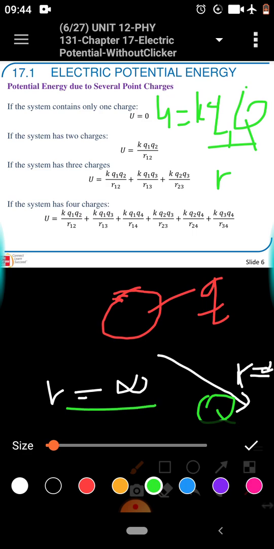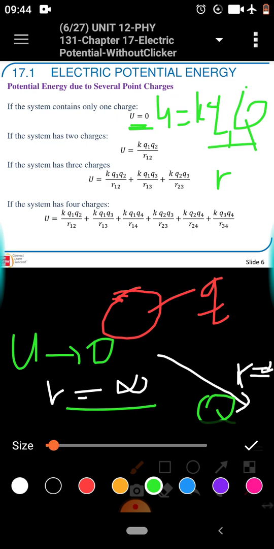Remember that r goes to infinity, which is very, very far away. So you're dividing by a very big number, so that's why U goes to 0. That's why we say that for a single charge the electric potential energy is 0.